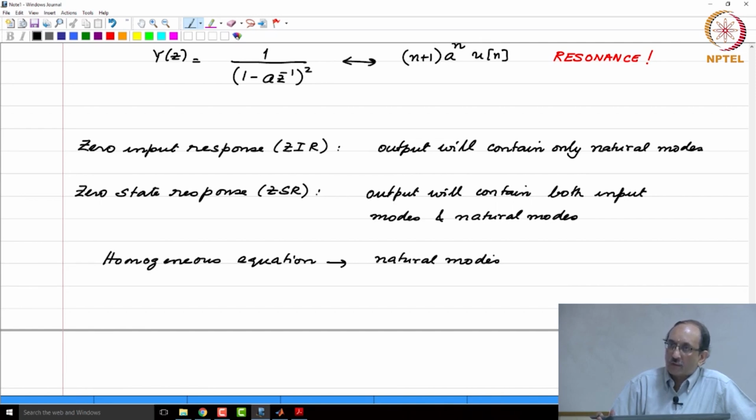Homogeneous equation will not contain any input terms, and for an nth order equation there will be in general n unknown constants, and to pin these constants down you need auxiliary conditions, which are called initial conditions if they are specified at the origin. And once you have this, then you can get the final solution as far as the homogeneous equation is concerned.